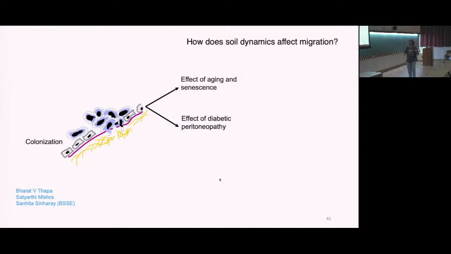In other words, the colonization and the eventual metastasis of cancer cells need not be just an outcome of what can be called the seed, which is the cancer cells, but also the health of the soil, which allows or disallows the seed to grow.